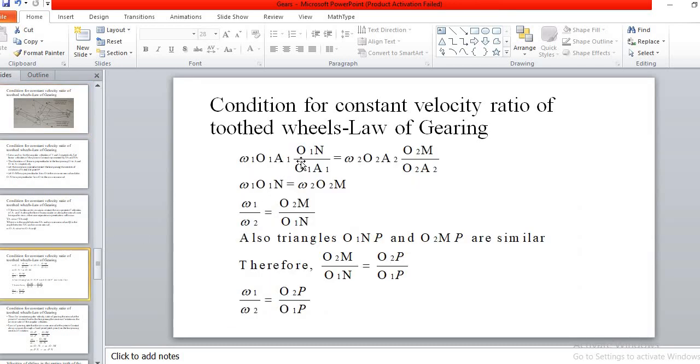These are written here, O1n divided by O1A1 and O2m divided by O2A2 for cos alpha and cos beta.